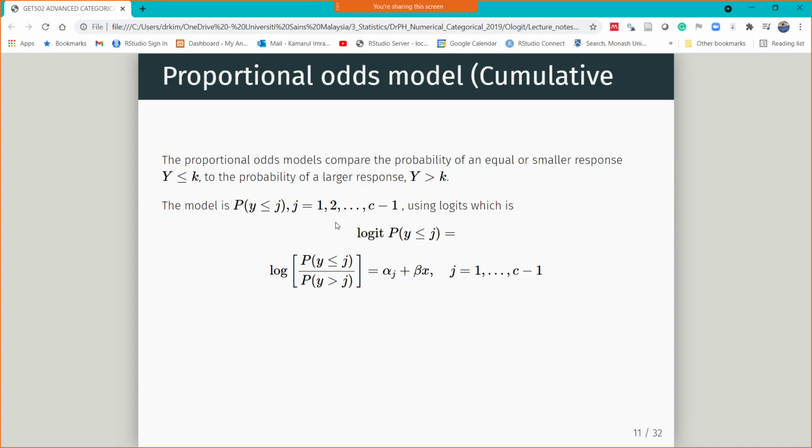And again, the proportional odds model measures the probability of an equal or smaller response to the probability of a larger response. Okay, so 3 different approaches at least to analyze data with ordinal outcome. There are more models out there, but most of the time in epidemiology, these are the 3 used models for ordinal outcome data.